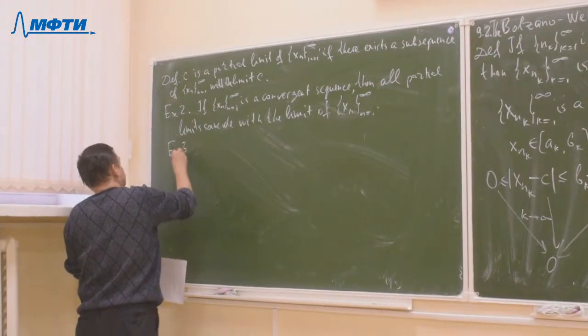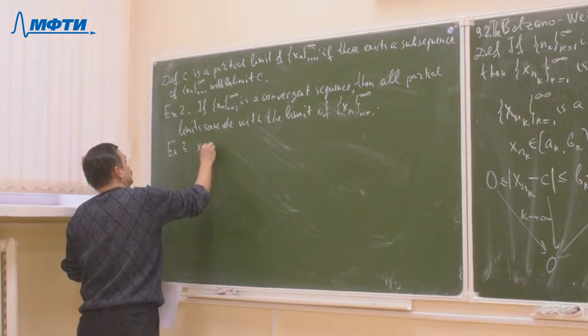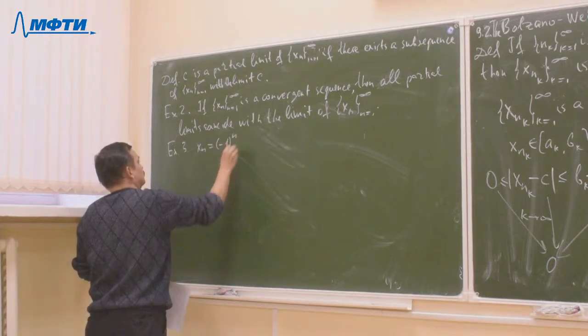Okay, next example. Example 3. xn equals minus 1 to the power n.